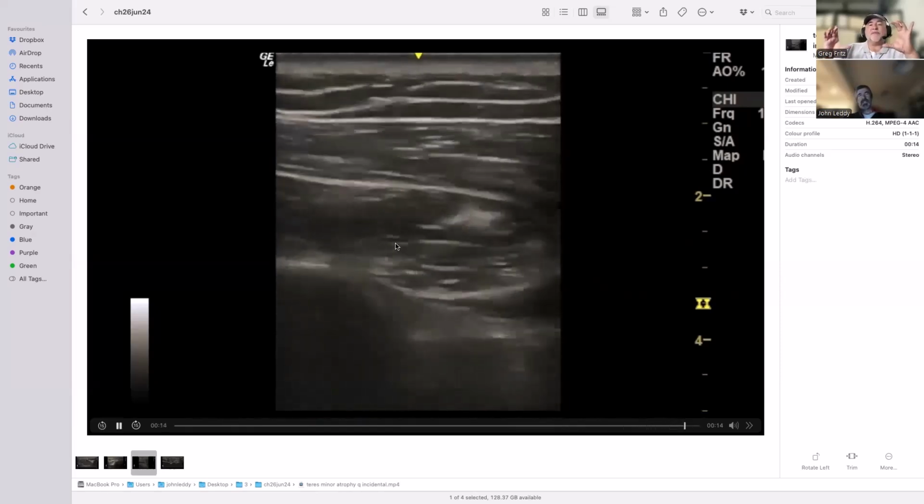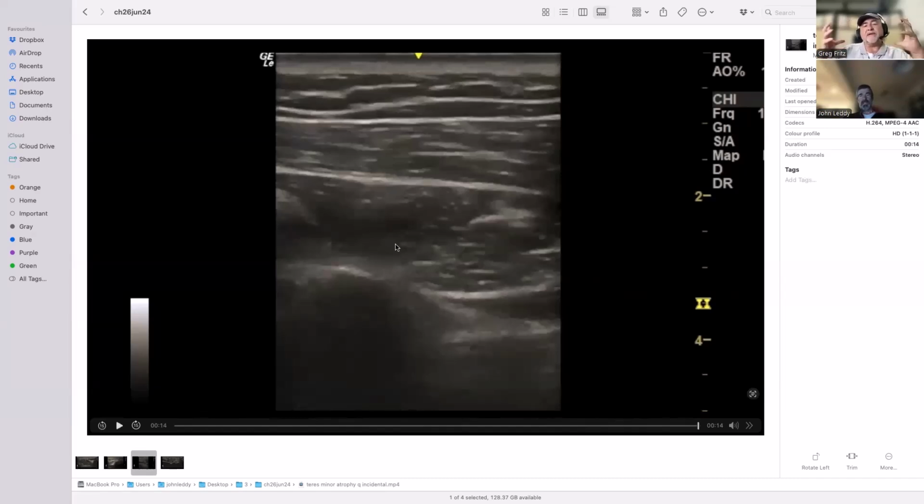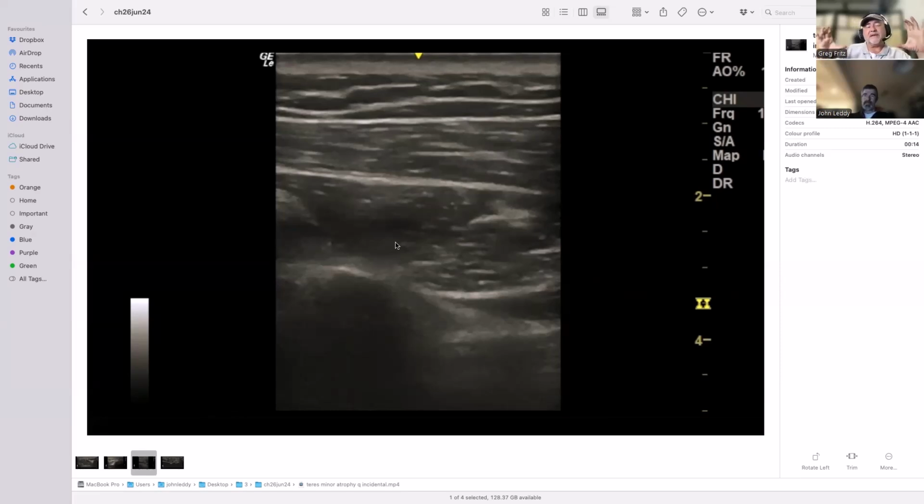Let me ask you this: if we took the cross-sectional area of the contractile muscle of both of those, the combined contractile muscle cross-sectional area, would you say that there was a compensatory equalization with teres minor being atrophied and a larger belly of infraspinatus? I don't think you could say it that way around.